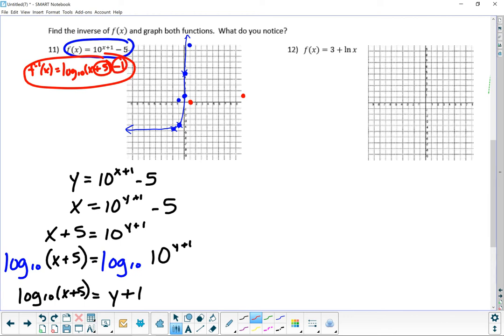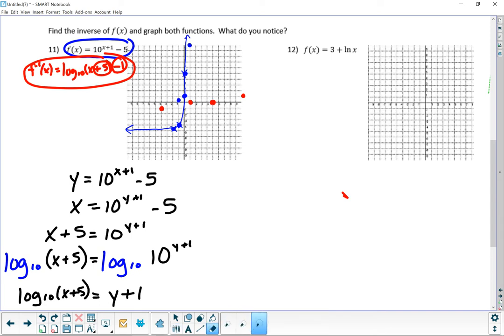So left 5, 1, 2, 3, 4, 5, and down 1. That's one I want. And left 5, 1, 2, 3, 4, 5, and down 1.